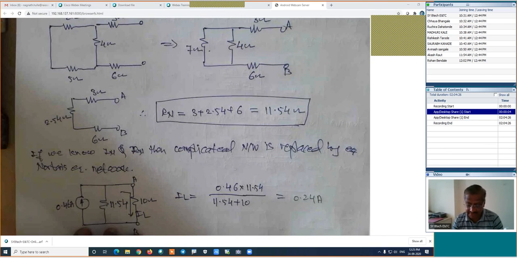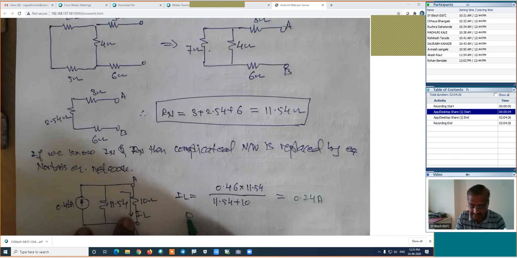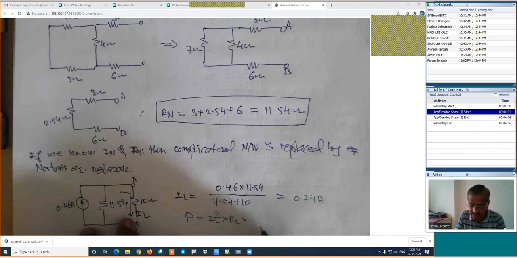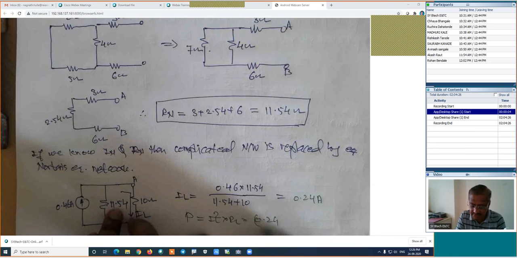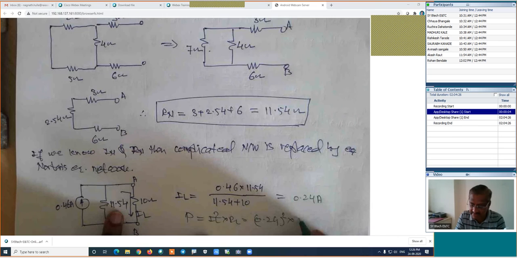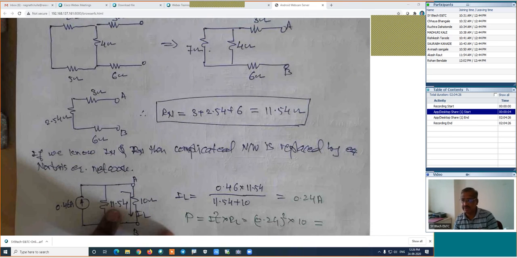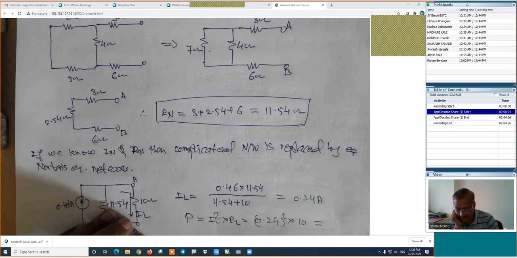And if we know the IL, we can find out the power delivered. P is equal to IL square into RL, which is equal to 0.24 squared into RL. RL is the 10. 0.24 square into 10.